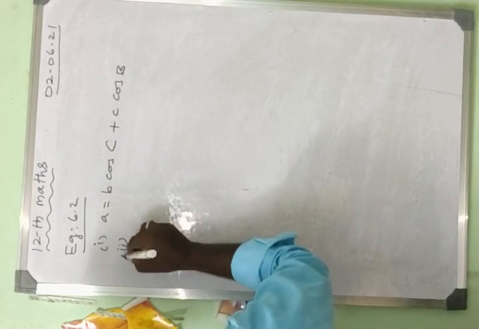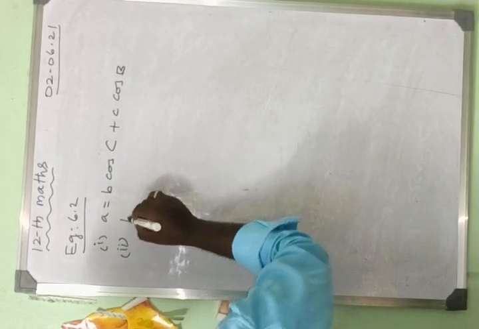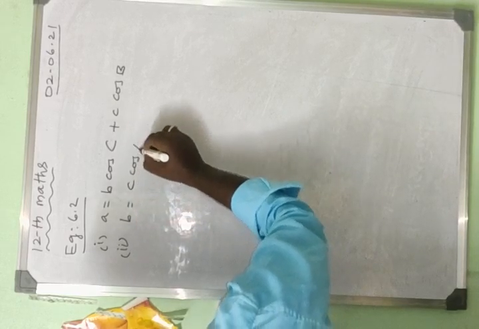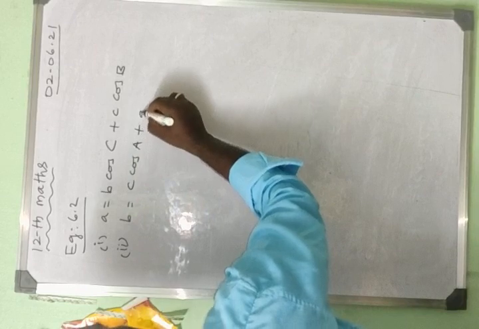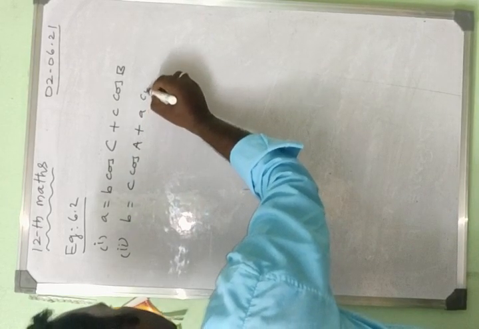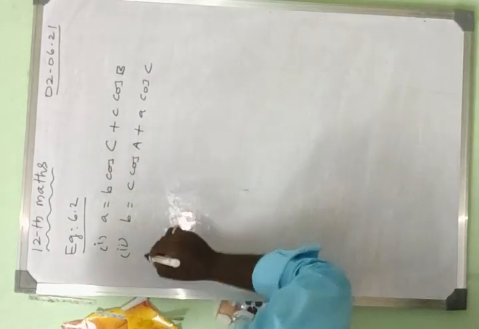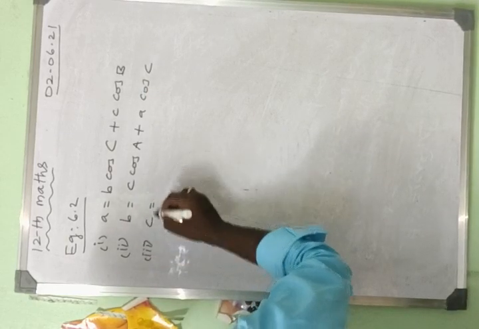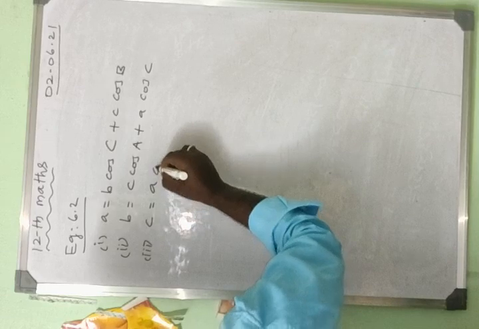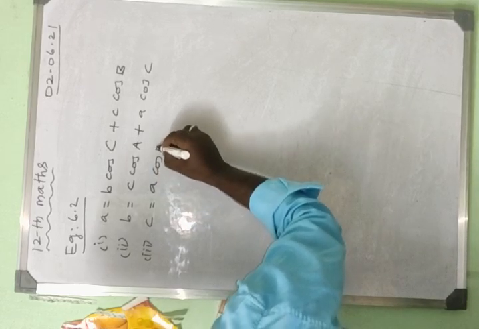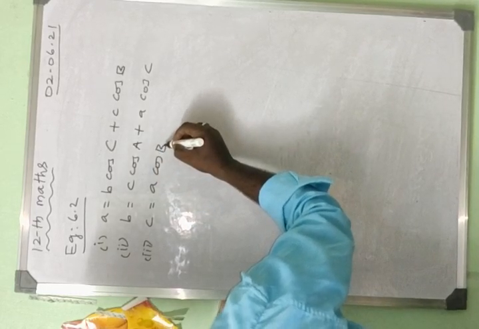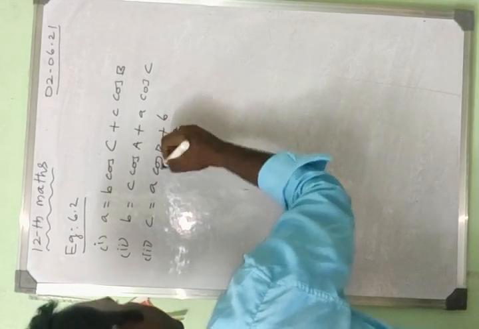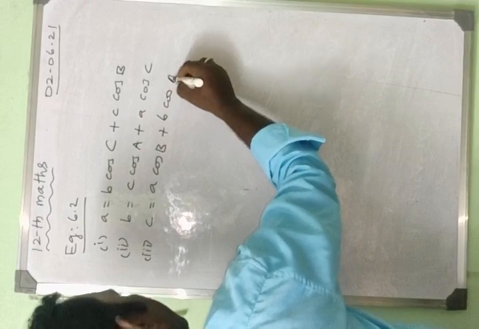Second one, B equal to C cos A plus A cos C. Easy to remember. Next we want C: C is equal to A cos B plus B cos A.